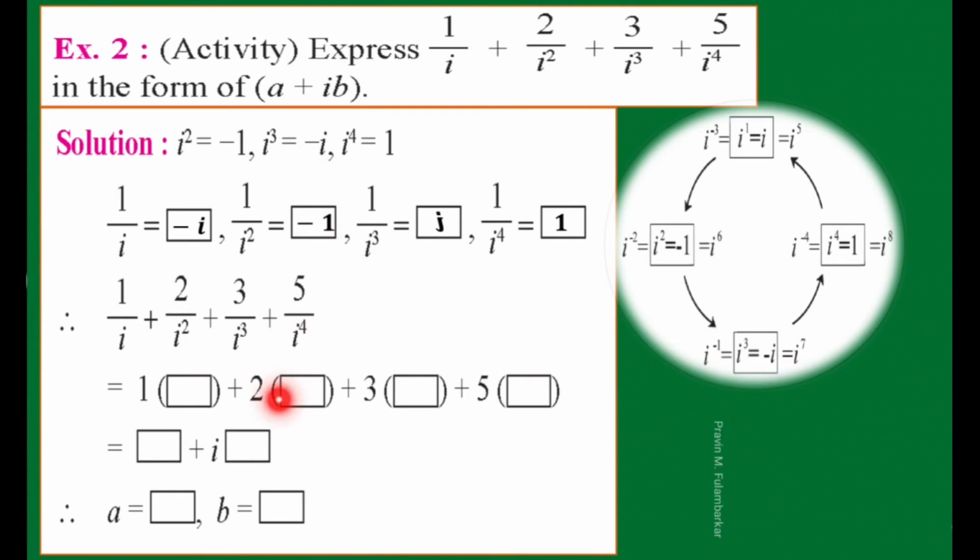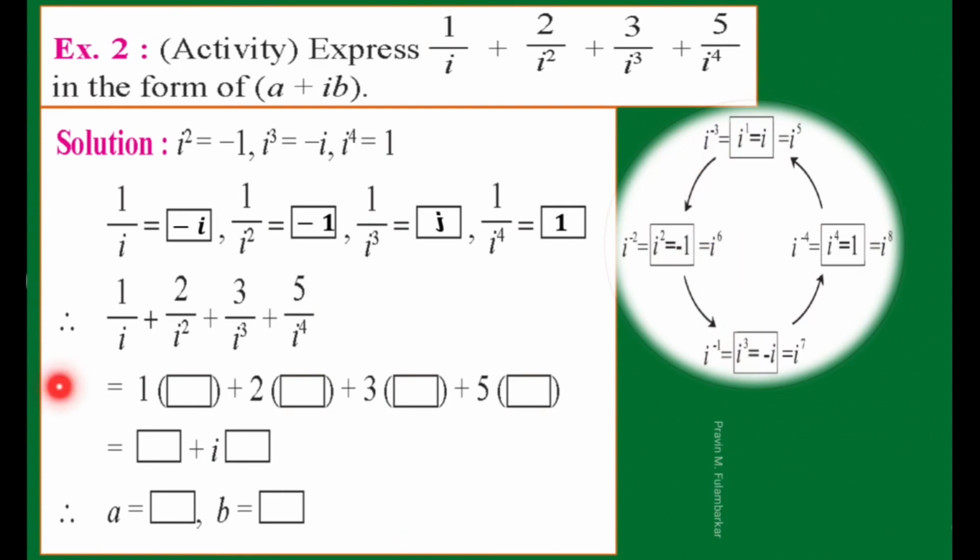In this way we find the values of 1 upon i square, 1 upon i cube, 1 upon i raised to the power 4, which we already discussed from this figure. When we require a negative power, we go clockwise. When we require a positive power, we go anti-clockwise.